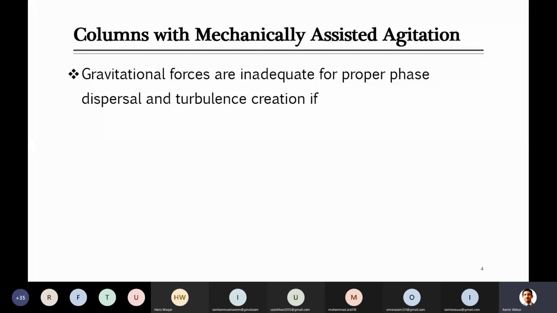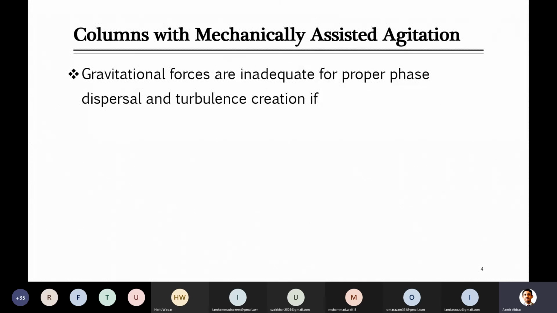As I said, in all of the equipment discussed so far, majorly gravitational force was helping you to bring the liquids in contact and move in opposite directions and then get settled, like the lighter one moving towards the top and the heavier moving towards the bottom due to gravitational action.